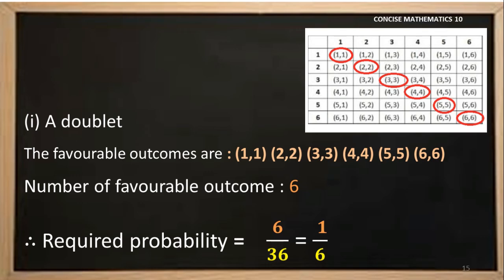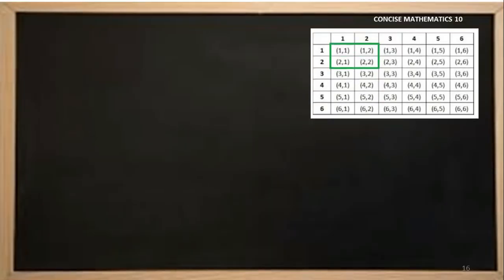And the second sub question is a number less than 3 on each dice. Now we need to consider a number which is less than 3 on each dice. So I have marked out the output, children. See 1, 1 both are less than 3, 1, 2 both are less than 3. I cannot move to 1, 3, 4, 5, 6. Why?